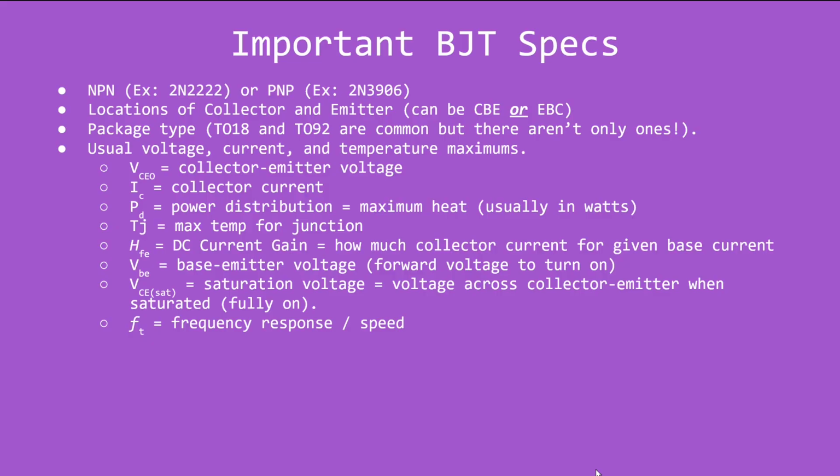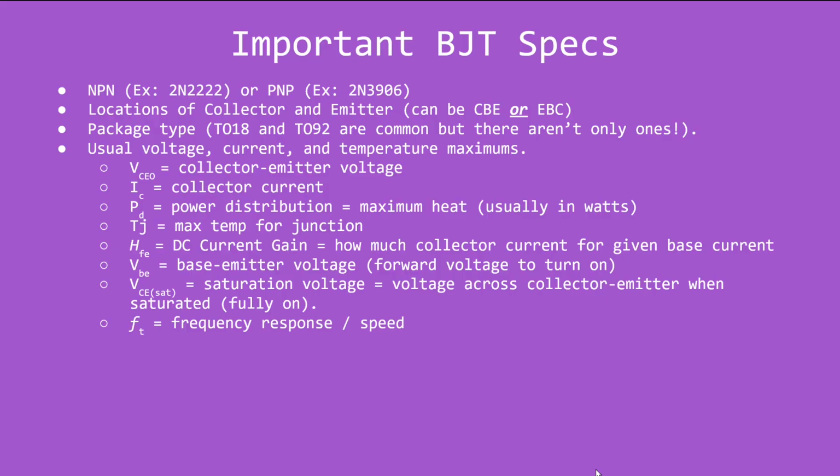You've got collector emitter voltage, you've got collector current, you've got power dissipation, which is usually a matter of maximum heat in watts. Probably not going to be much of an issue at low level hobby electronics. Max temperature for the junction, DC current gain, how much basically the collector current for a given base current, the base emitter voltage, basically how much voltage you need to turn the thing on, as I understand it.